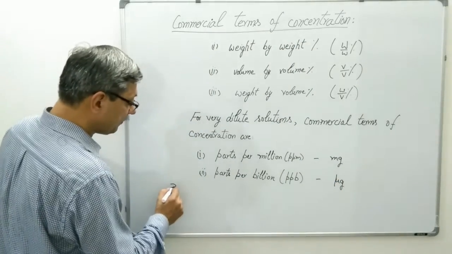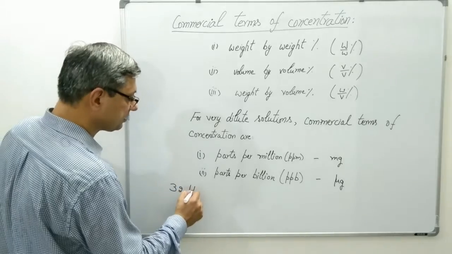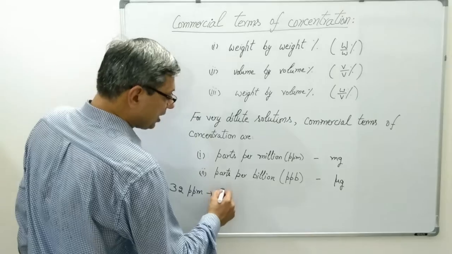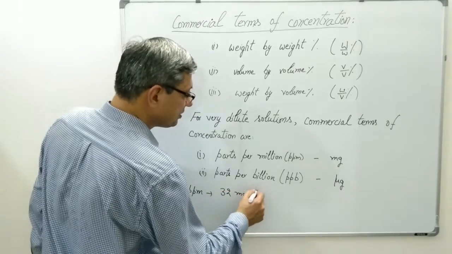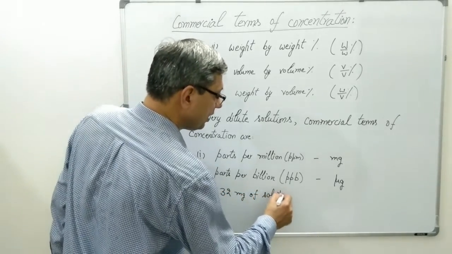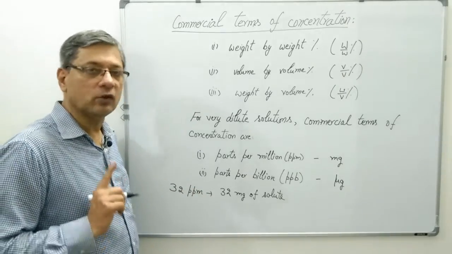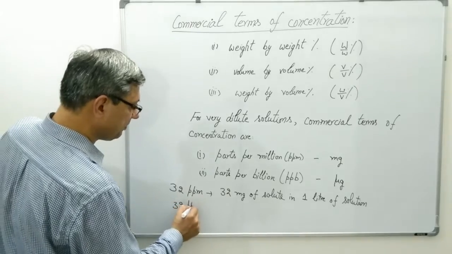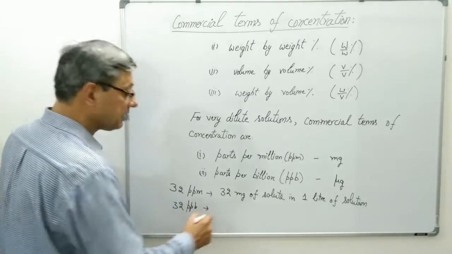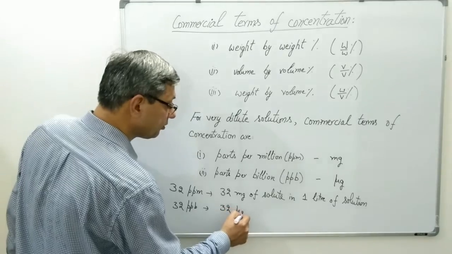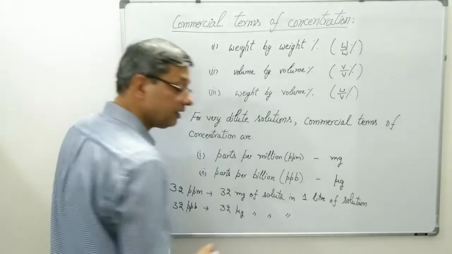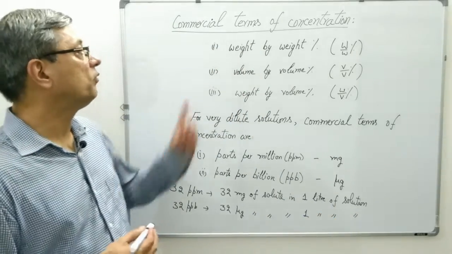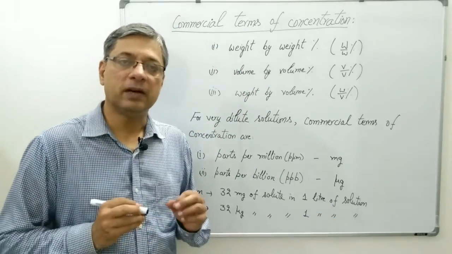For example, if I say 32 parts per million, I can also express this as 32 milligrams of solute in 1 liter of solution. Similarly, if I write 32 ppb, I can also say 32 micrograms of solute in 1 liter of solution. Let's now understand each of the commercial terms of concentration one by one.